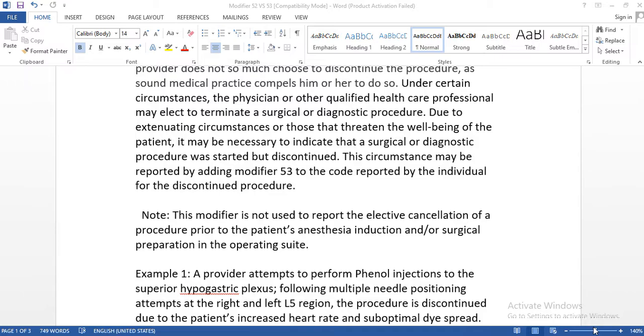For example, if the physician takes the patient to the operating room, as soon as the patient comes to the operating room, he may have hypertension. It gets exacerbated. In that situation, the physician needs to stop the procedure. Even though the physician stops the procedure, we need to add the 53 modifier to the reported CPT code.